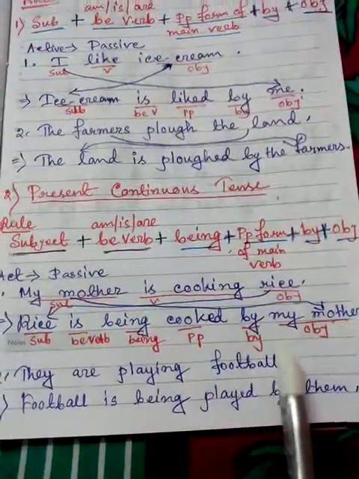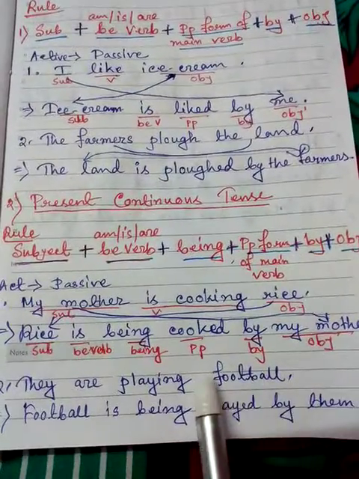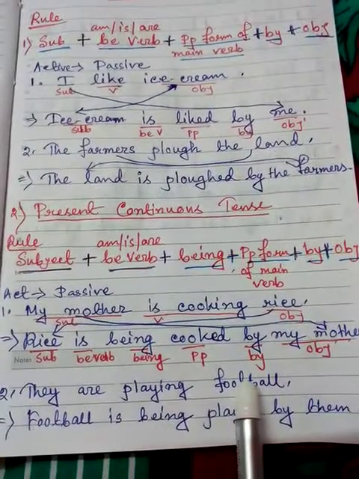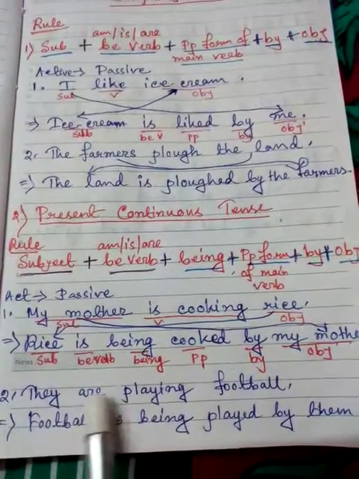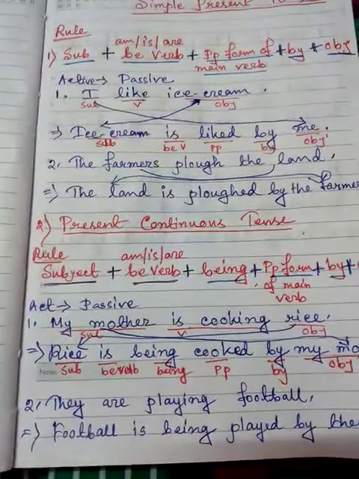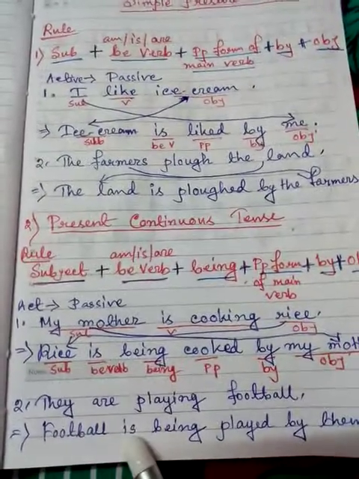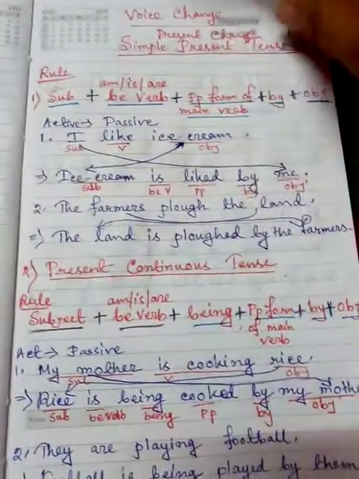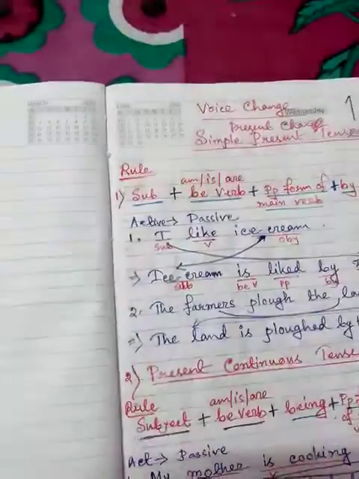Football is here the object, but we use it here as subject. That means the football object turns into subject. And which form is it now? It is in singular form. So we have written here is.